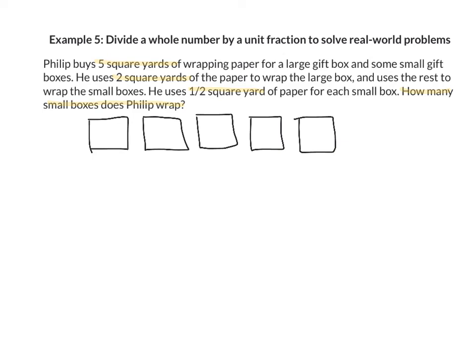Our problem says that he uses 2 square yards of paper to wrap the large box. And so I'm going to label 2 of those squares as what he uses for the large gift box.